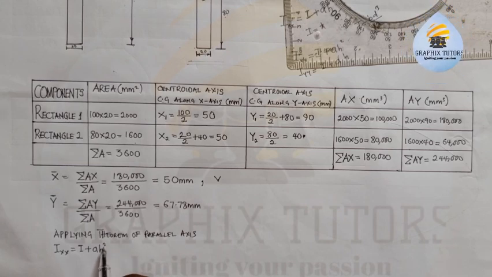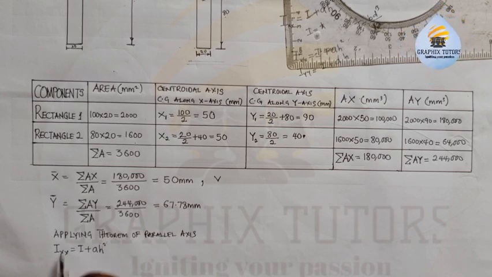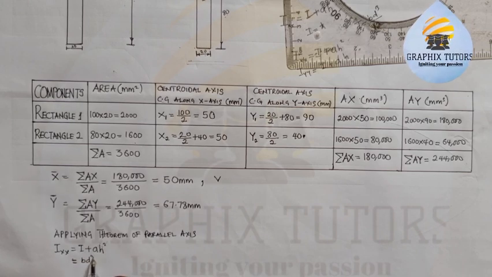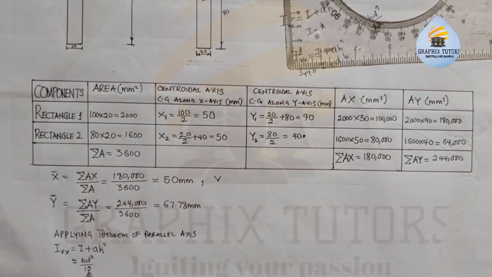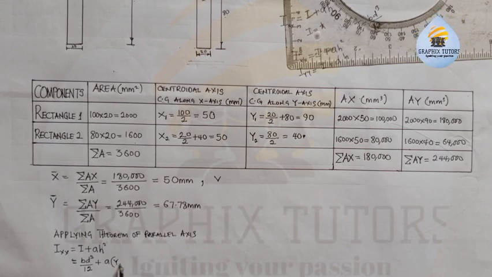Sometimes some textbooks might use y asterisk to represent h, but we are saying the same thing. If I should write this again, I is BD cube all over 12 plus A into brackets y minus y bar. So this is what we have here.